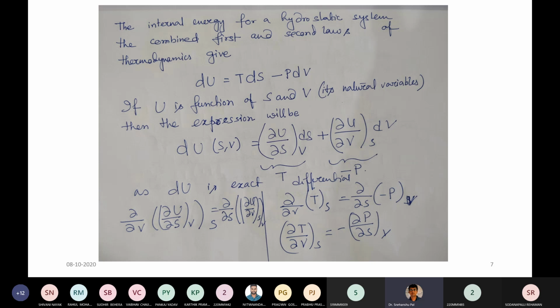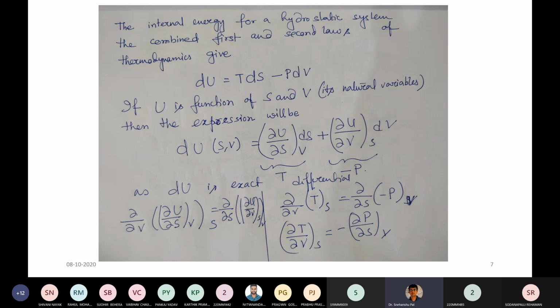So if you want to understand the concept of internal energy, how it works and how it gives the concept of the perfect differential and all those things: for a hydrostatic system, the combined first and second law gives dU equals TdS minus PdV.